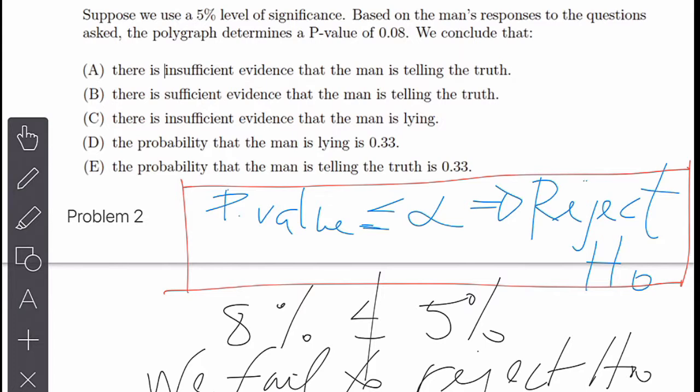In other words, sufficient evidence to say that the man is possibly lying. Okay, so it's not insufficient evidence that the man is lying. It's sufficient evidence that the man is lying. So I'm going to cross that one out. The probability that the man is lying is 0.33. The probability the man is telling the truth is 0.33.